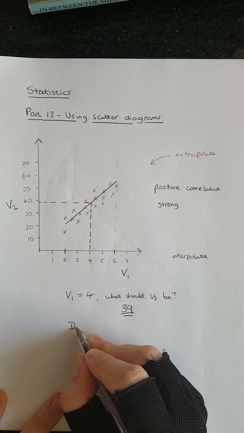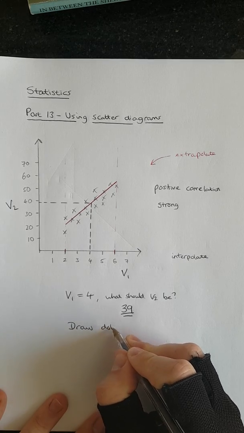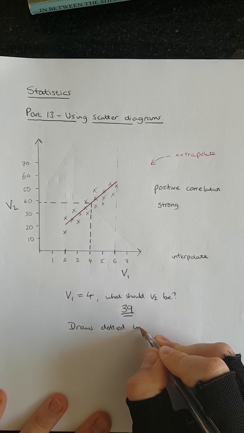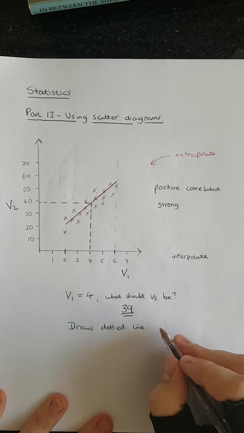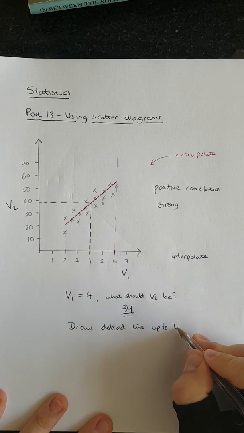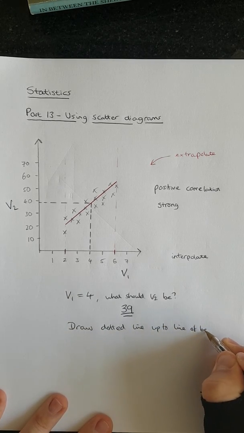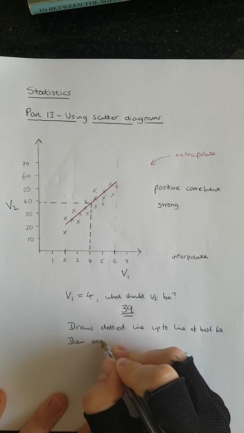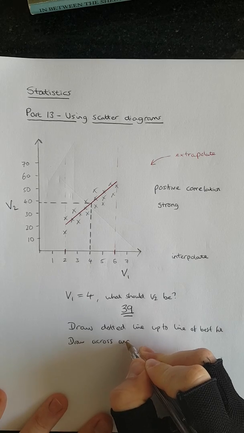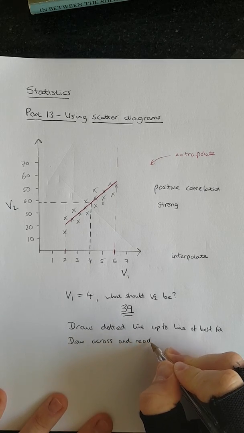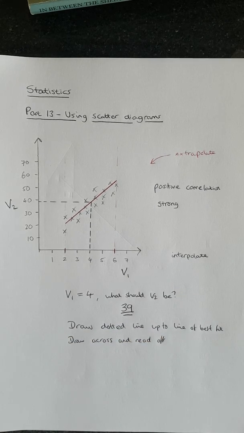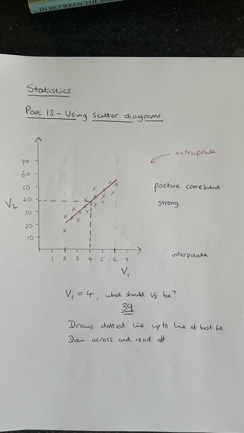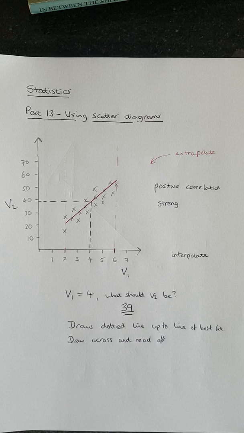I draw the dotted line to show how I've done it up to the line of best fit. And I draw across and read off. And this is where scatter graphs become really useful because you can start to get a more exact relationship.